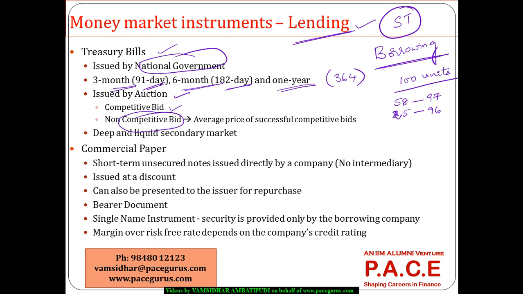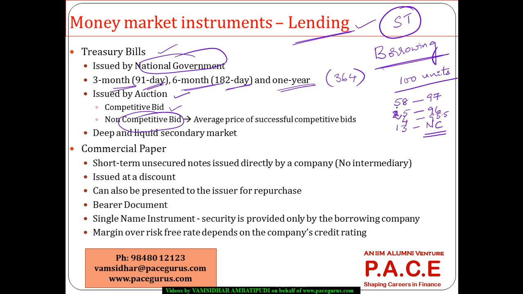And let's say there are 13 non-competitive bids. So overall 83, and there are four of them who have quoted 95.5.